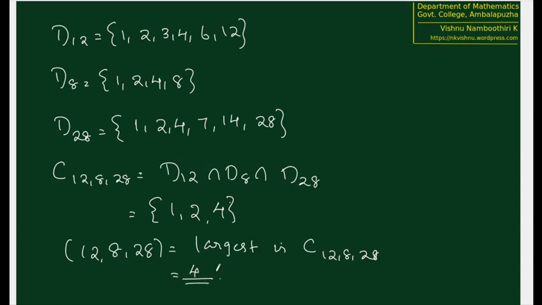So this is how we find the GCD of more than two integers. Just as in the case of GCD of two integers, we take the set of all positive divisors of these integers, then take the intersection, and take the largest among that.